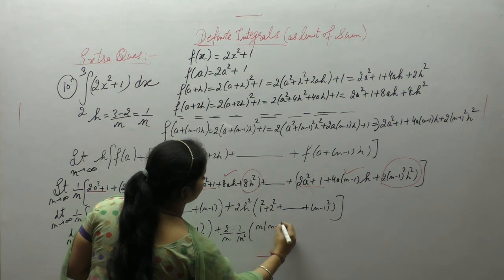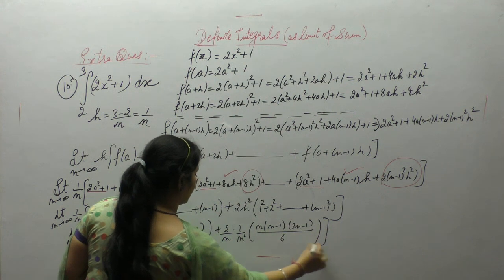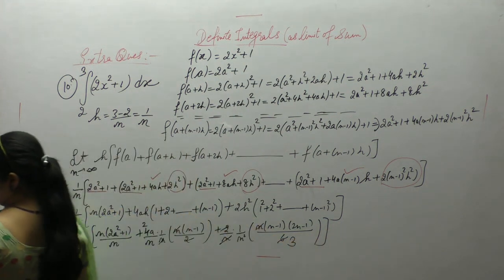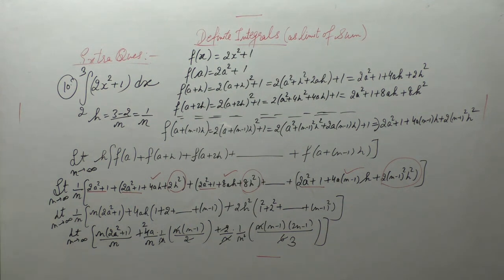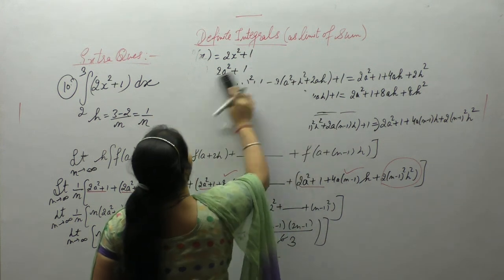Sum of squares of terms is n minus 1, 2n minus 1 upon 6. Now take n common to make the terms in the form of 1 by n.